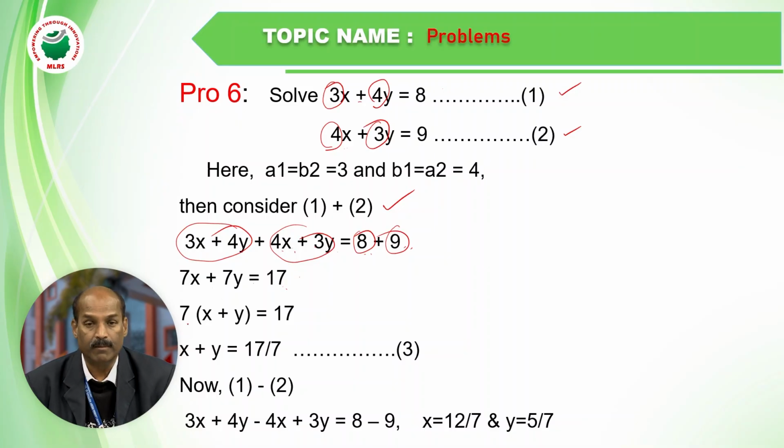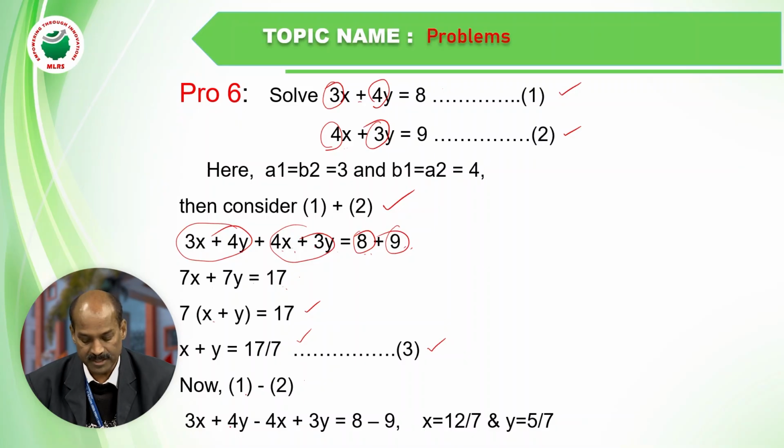Now 7 is common. Then what happened? 7 common, x plus y equals 17, so x plus y equals 17 by 7. Now you call it equation 3. Now 1 minus 2, subtraction.